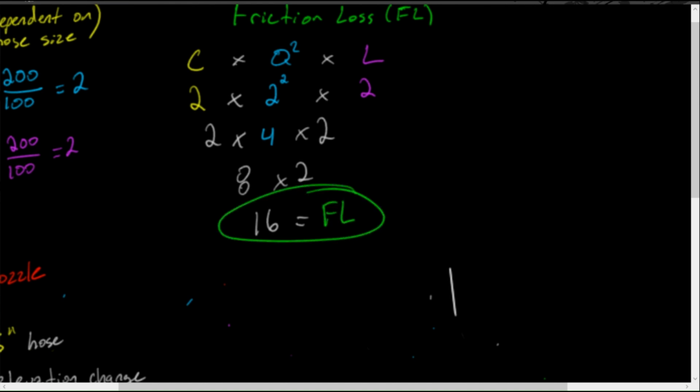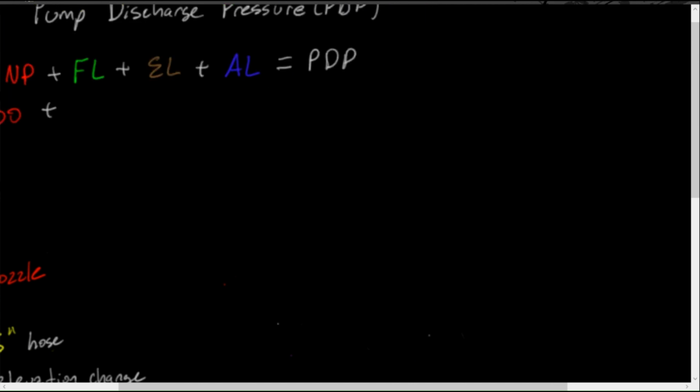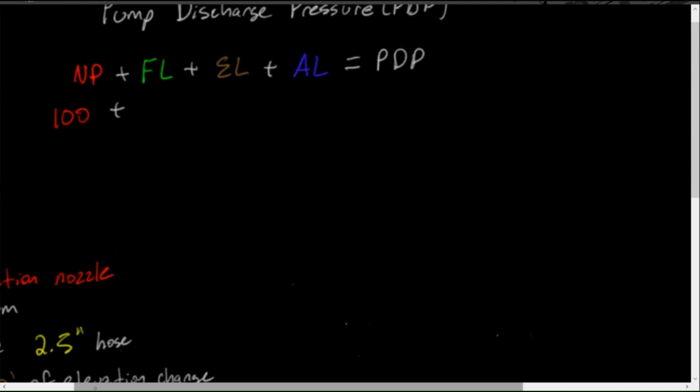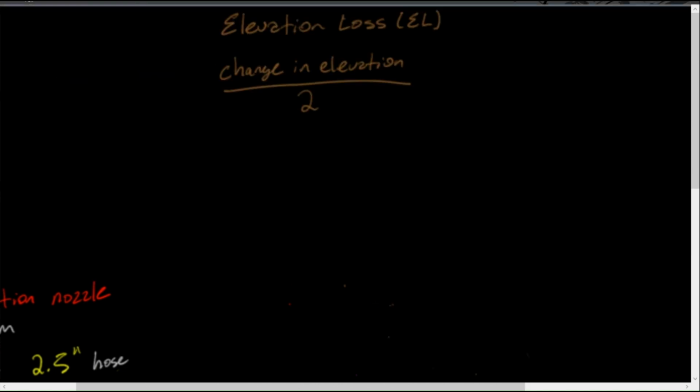Let's go and plug that back in to our PDP formula. So the 16 goes where the friction loss is. Next, we're going to add our elevation loss. Remember, our elevation loss, or EL, is our change in elevation divided by 2.